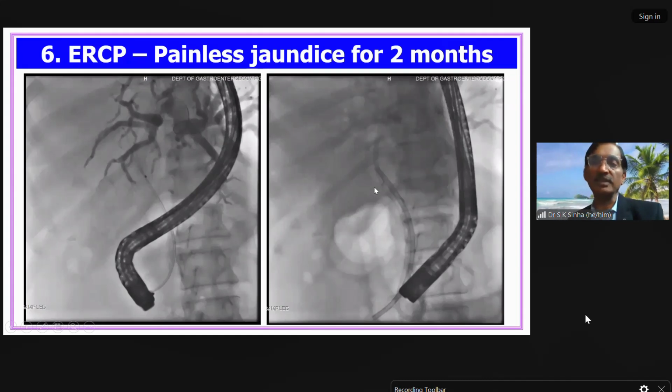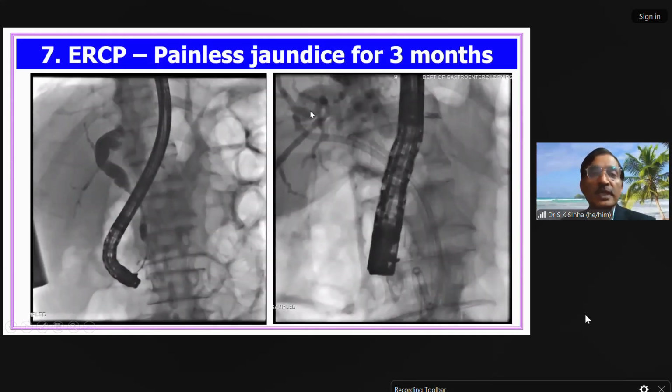One is double pigtail, and the other is a straight stent. Okay, so another case again, painless jaundice for 3 months, and again by now you are very conversant. So you see there is a tapering stricture.